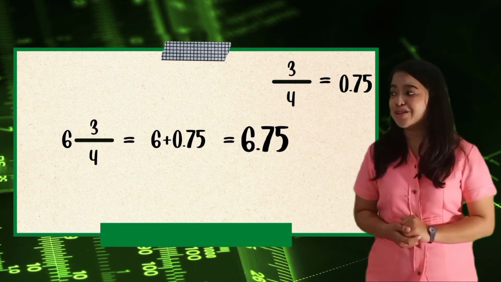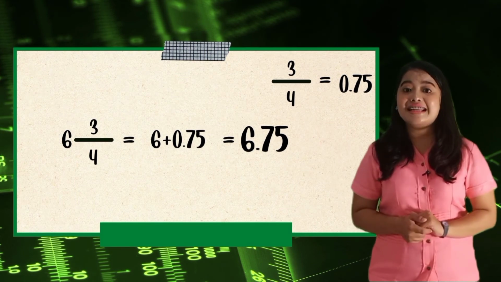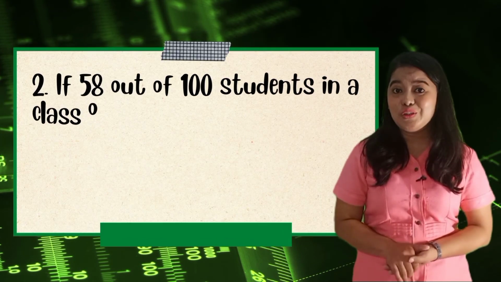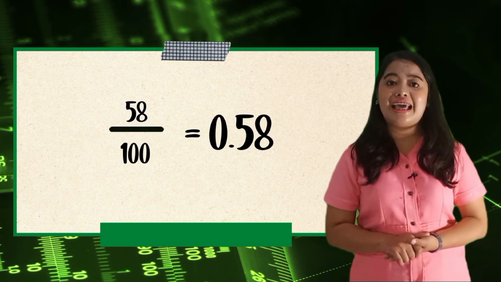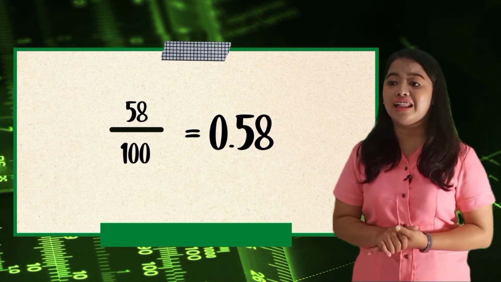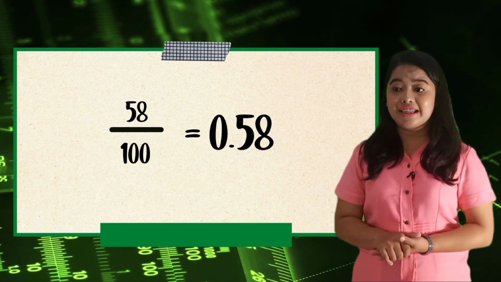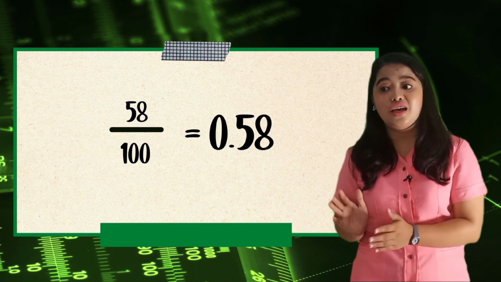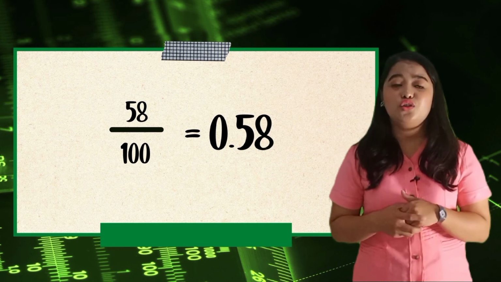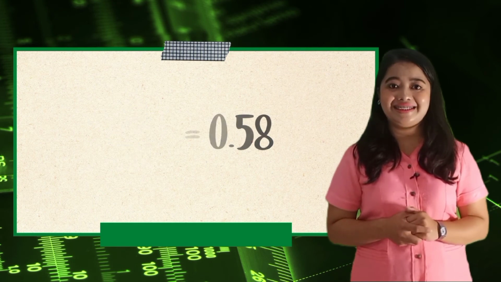Therefore, the answer is 6.75. Number 2. To write the decimal form of 58 out of 100 students, which are boys, is to divide 58 by 100, which resulted to 0.58.